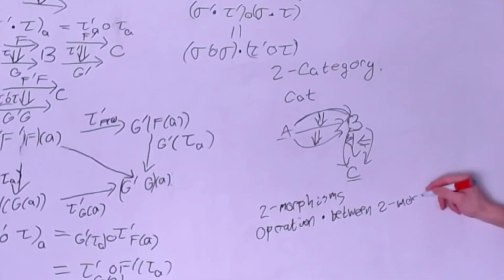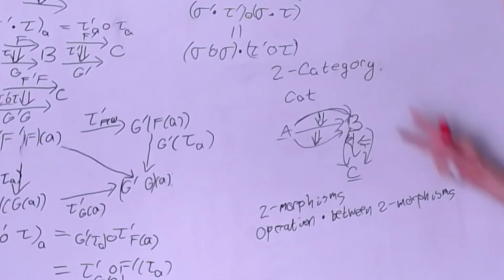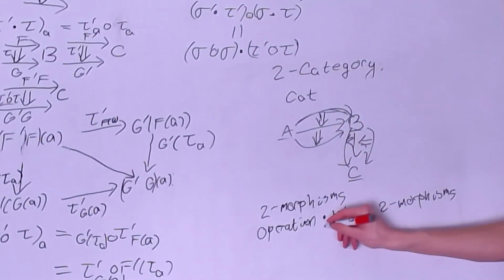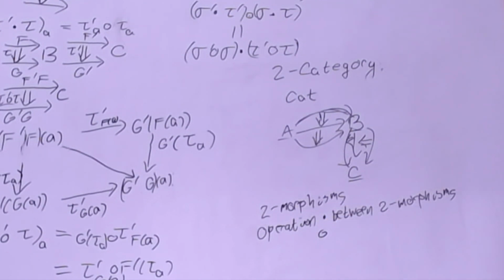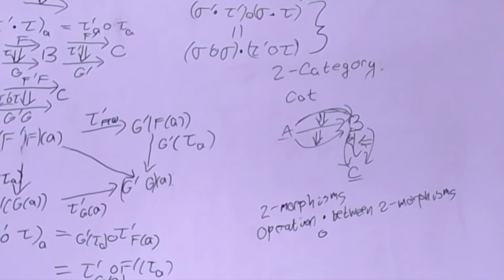So in the category of categories, this is vertical composition of natural transformations. This right here is just some composition between two morphisms. So we have the dot operation, and we also have the composition operation, and they have to have the interchange rule. So if we have these two operations, and they can be interchanged in this way, we have a two-category.